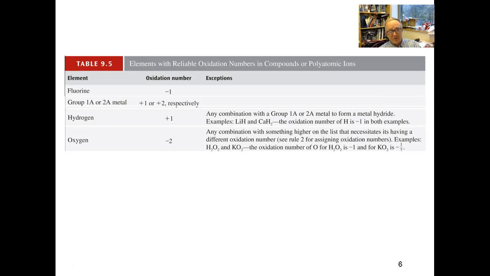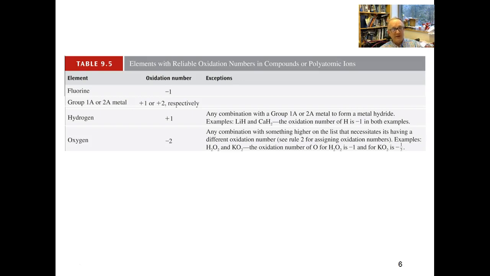There are a couple of exceptions in peroxides and superoxides. In H2O2, the oxidation number on oxygen is going to be -1. In KO2, potassium superoxide, the oxidation number on oxygen is going to be -0.5. We'll do these in class. You may want to pause and think about this, but that's what it's going to be.